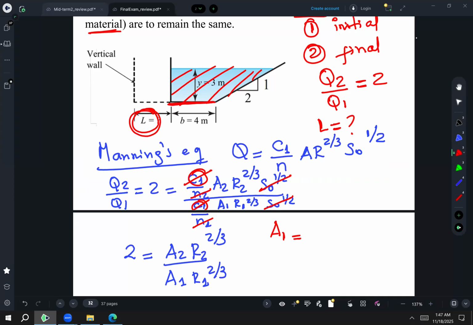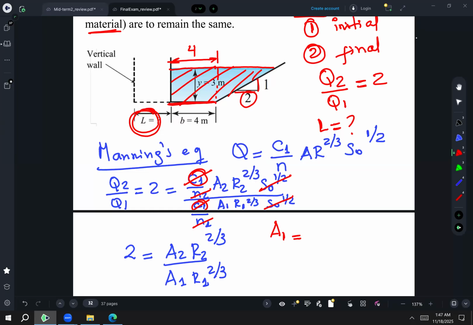This is the bottom and this is the top. The base is 4, so if I draw a vertical line here, this is also 4. The side slope is 2, so the vertical is 1 and the horizontal is 2.